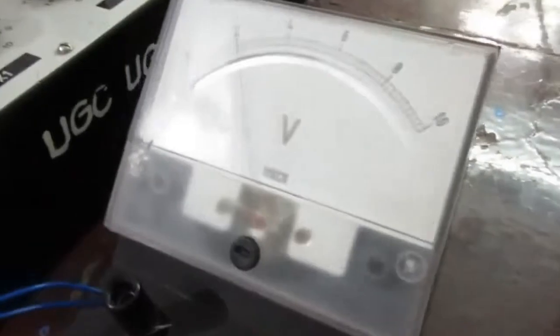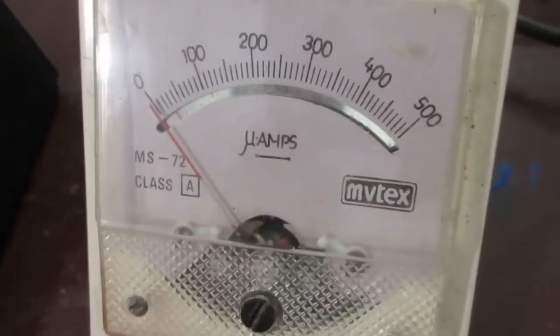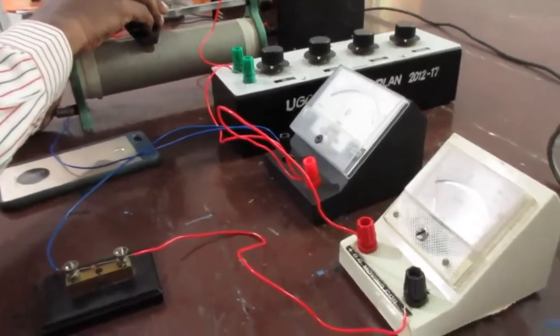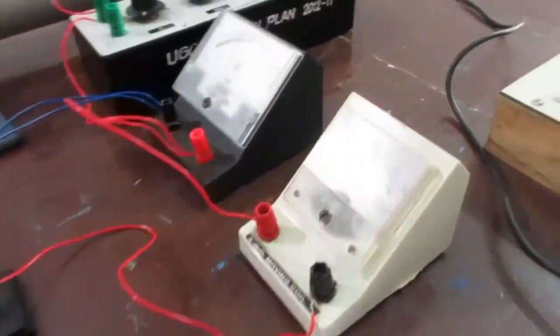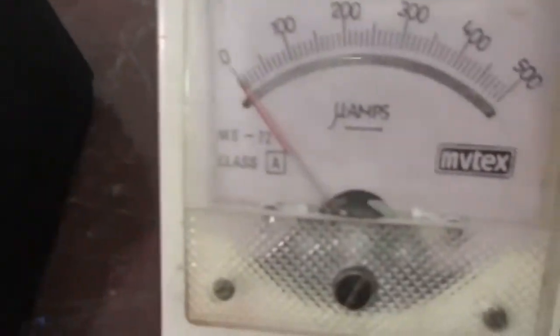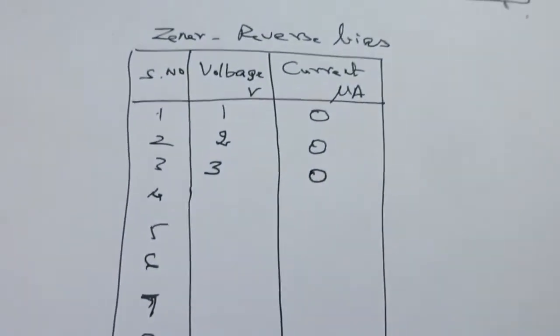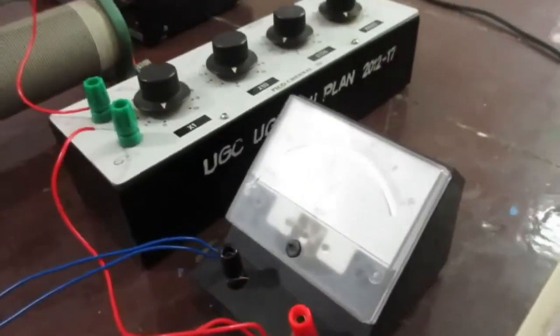Now let us make the input voltage 2. For 2 volt again the current remains at 0. So we record it. Then we change the input voltage to 3. When the input voltage is 3, once again the current in the circuit is 0 microamps. Again we change the input voltage to 4.